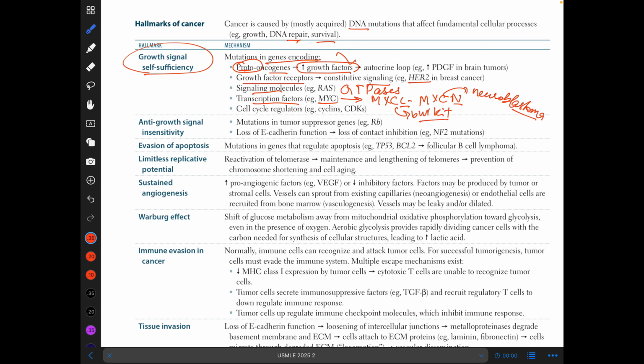And these are the cyclins. Cyclins are also responsible for cell proliferation, along with cyclin-dependent kinases. Cyclin-dependent kinases are other key regulators of the cell cycle, ensuring its progression through various phases and maintaining genomic stability.